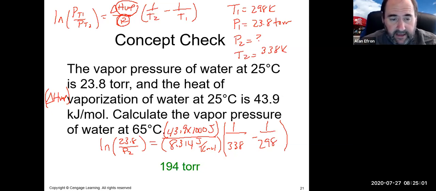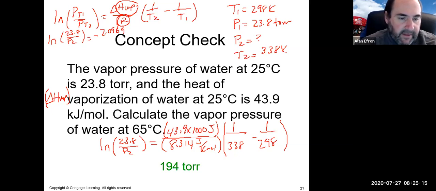If you do all that, that will get you the natural log of 23.8 over P2 equals minus 2.0969, some more digits. To get rid of the natural log, you need to take the E of both sides on your calculator.